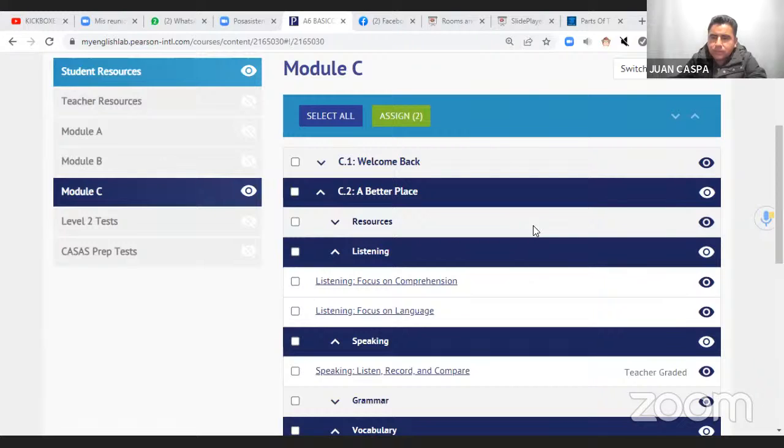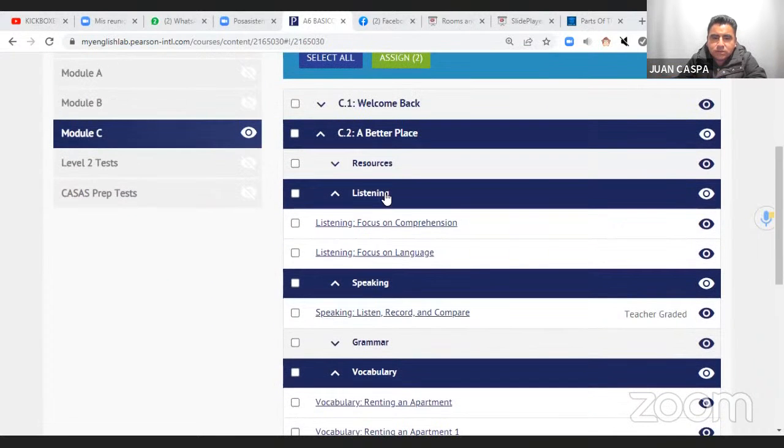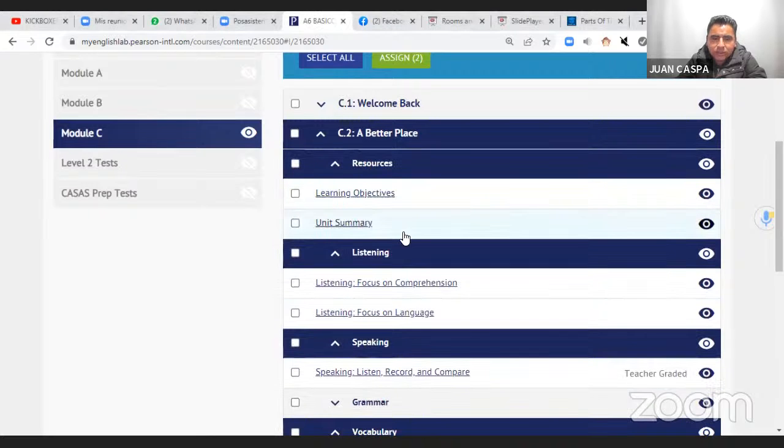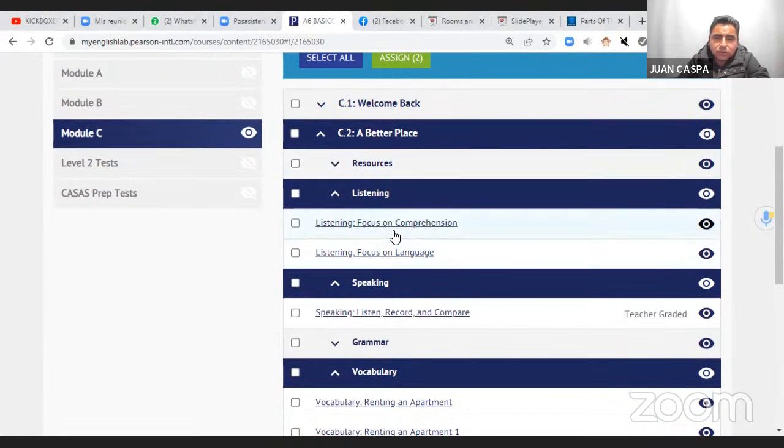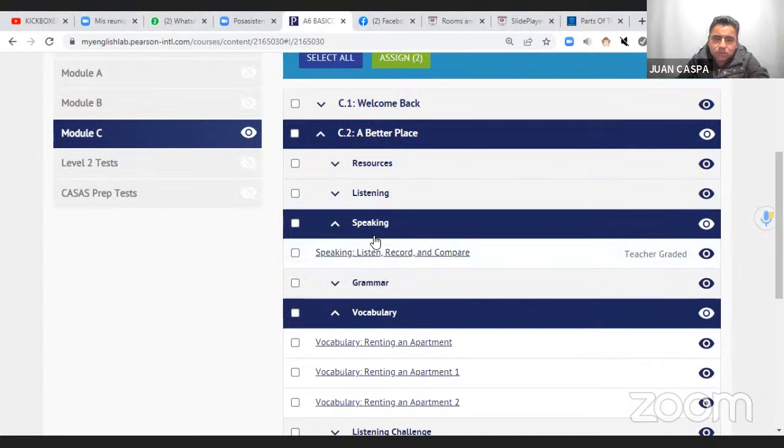So, according to our platform of Pearson, this is the second unit, by the way, and we have these topics. We're gonna talk about places in a house. Of course, we can talk also about the neighborhood, about the listening. We're gonna have some activities also in speaking.